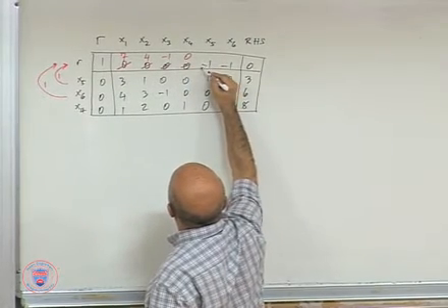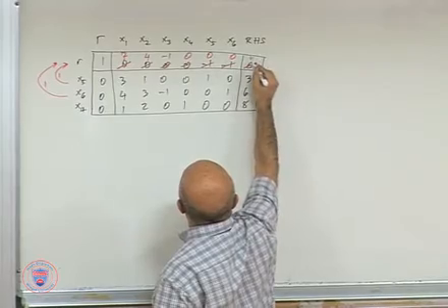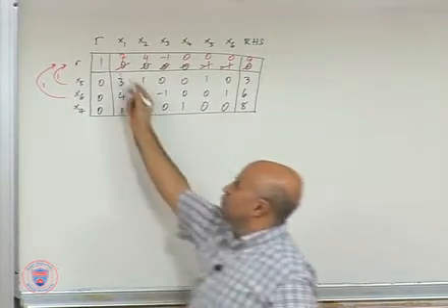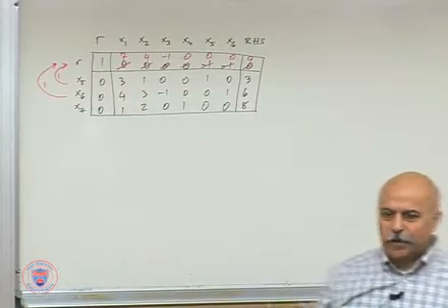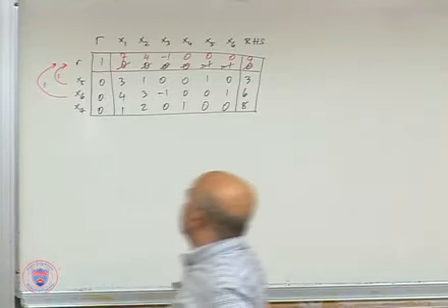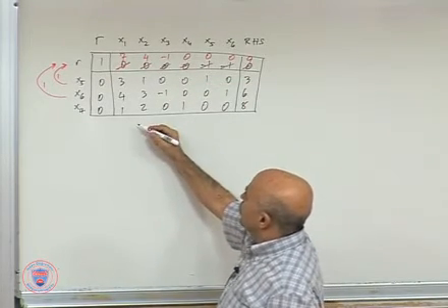That one is still 0. This one becomes 0, 0. This becomes 3 plus 6 is 9. And the first one, of course, doesn't change. 0 plus 0 added to 1. Doesn't change.